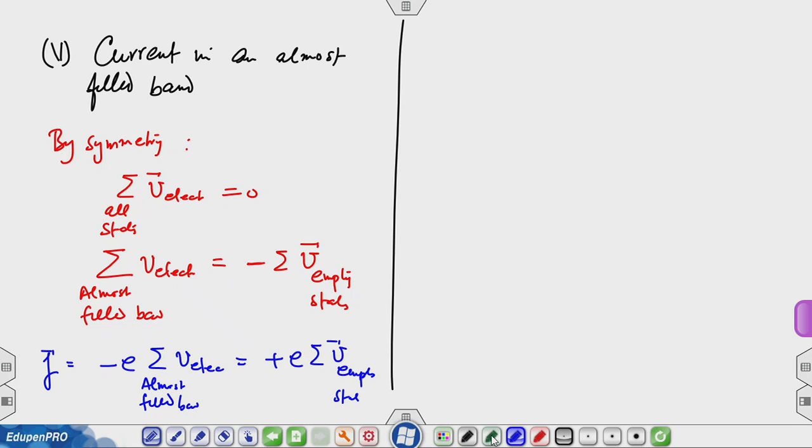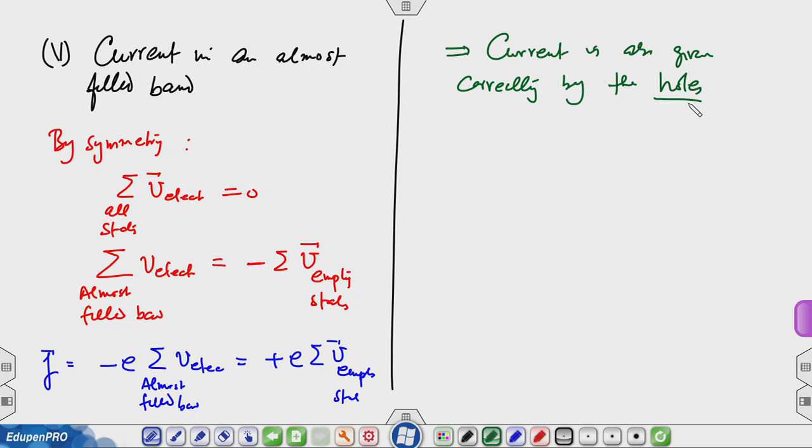So, this implies that current is also given correctly by the holes.